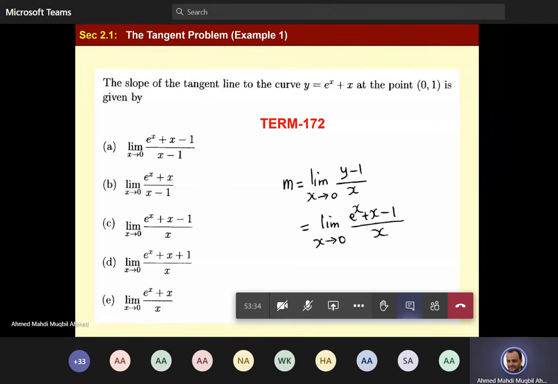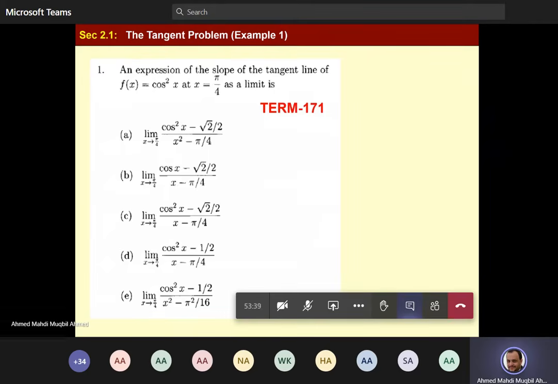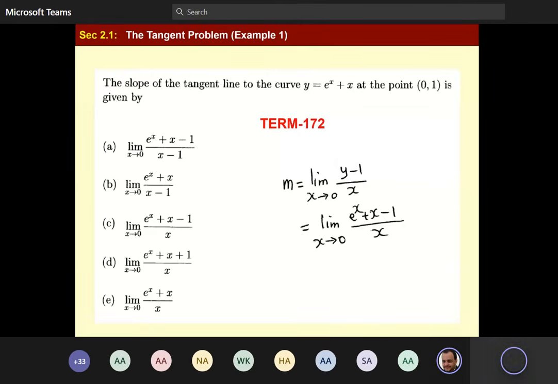This is the limit of the function as a slope here in this case. Try to solve this, shabab. Doctor Ahmed? Yes, please. Now you said the limit is the slope of the tangent, right? The slope is the limit of delta y over delta x.